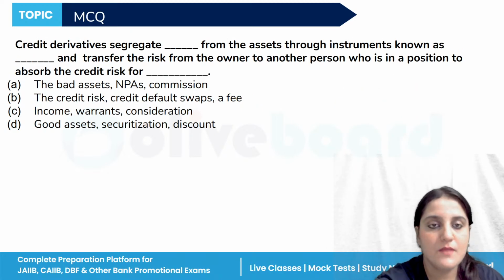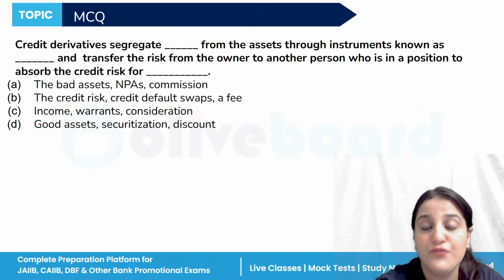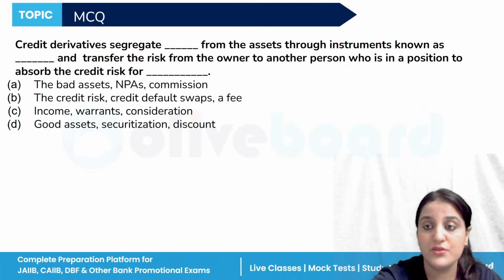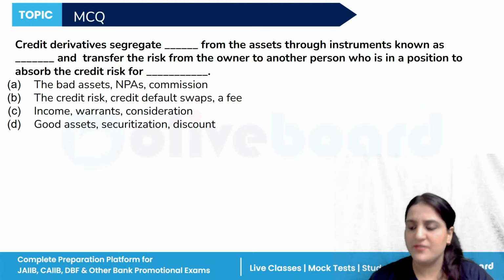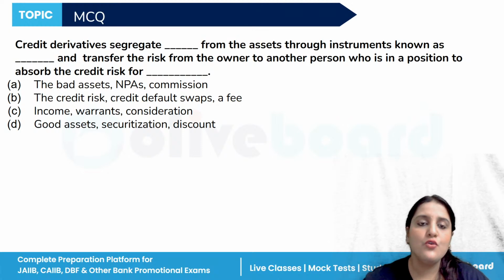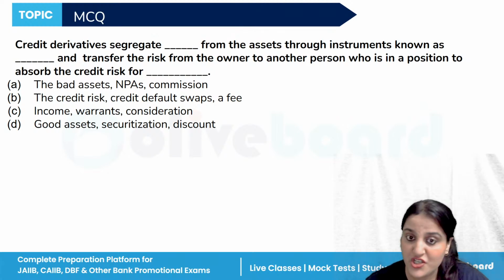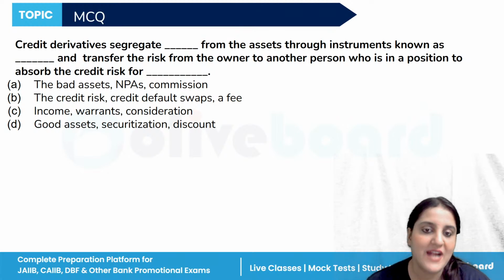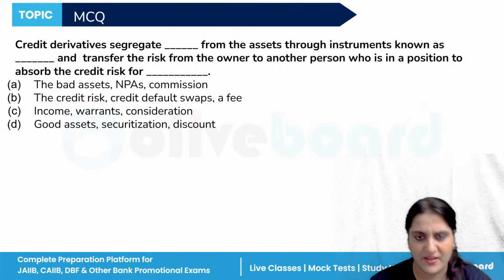Okay. So the credit derivatives segregate dash from the assets through the instruments known as dash, which transfer the risk from the owner to another person who is in a position to absorb the credit risk for dash. Credit derivatives are financial instruments used to manage and transfer the credit risk associated with various types of assets.